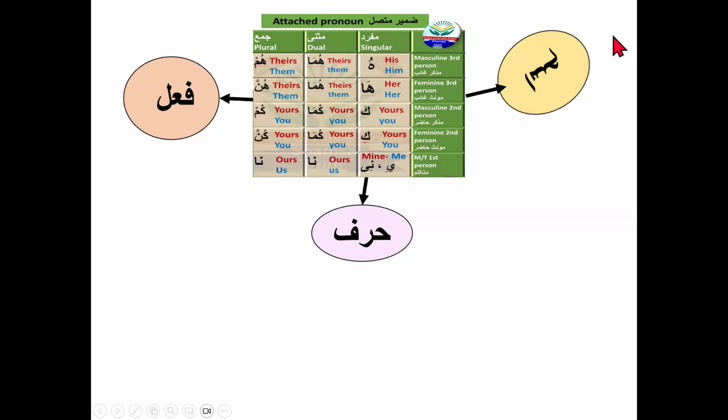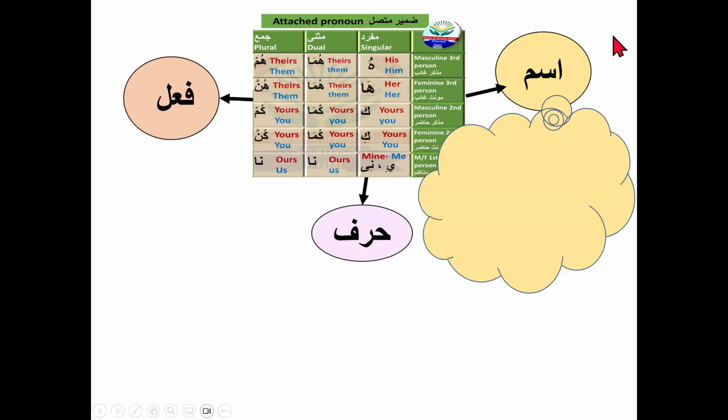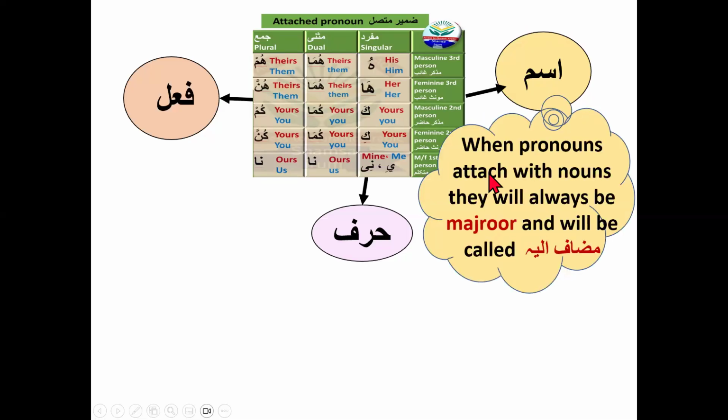When pronouns attach with nouns, they will always be majroor and they will be called mudaf ilayh. This is the most important point for today's lecture: whenever you see a pronoun attached with an ism, a noun, it is confirmed that it is a possessive phrase, and that attached pronoun is always mudaf ilayh.